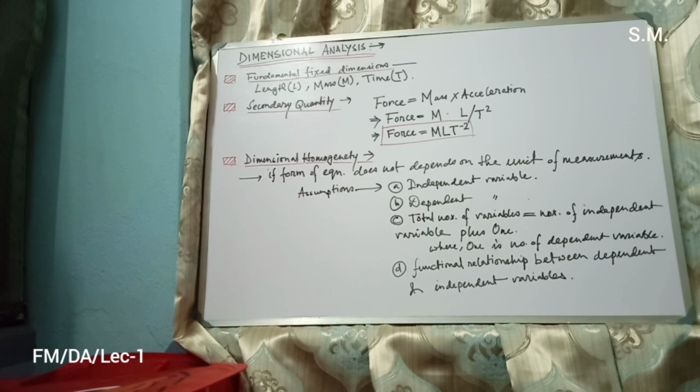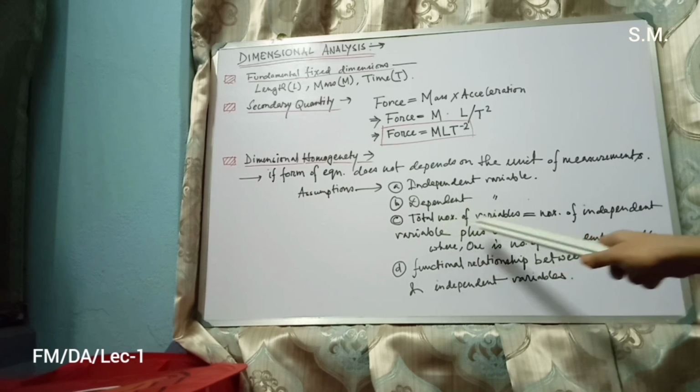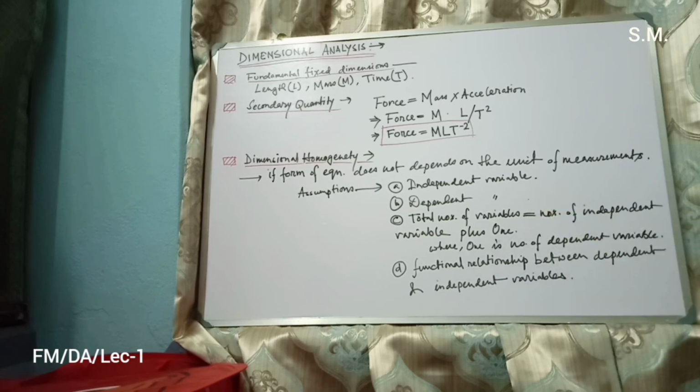And number C: the total number of variables influencing the problem is equal to the number of independent variables plus 1, 1 being the number of dependent variables.